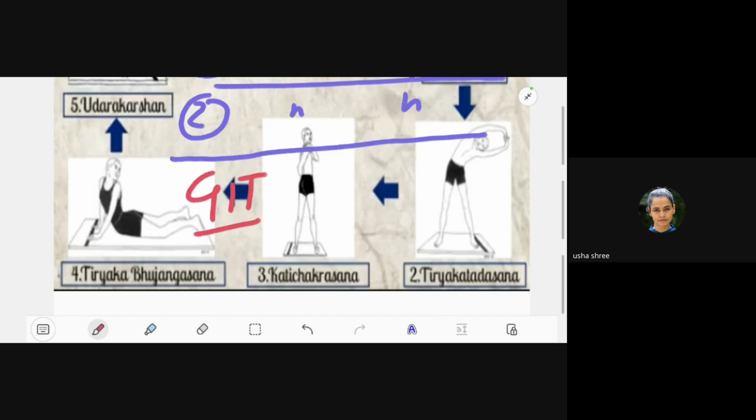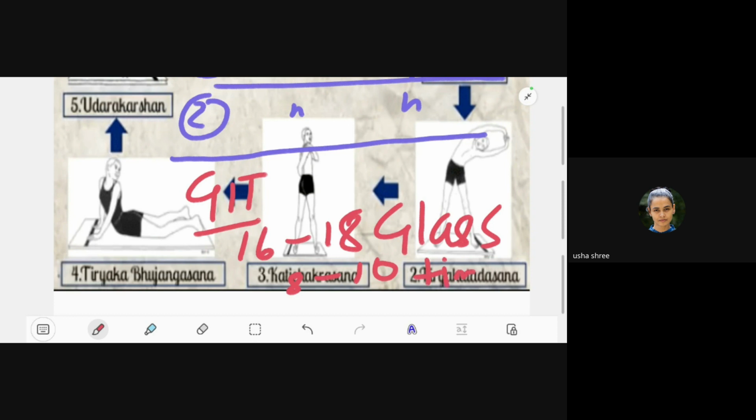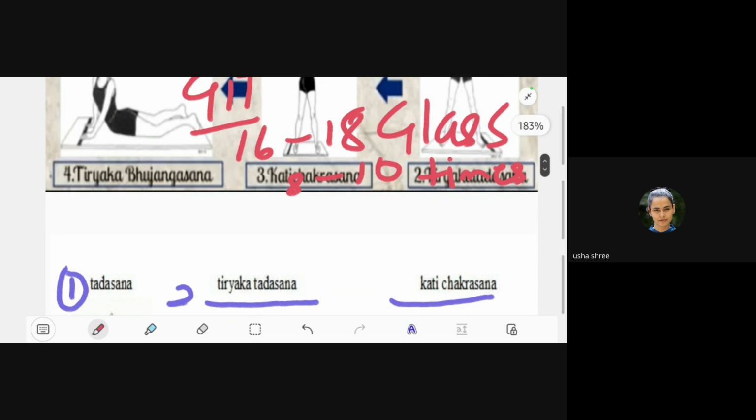Nearly 16 to 18 glasses of water. So how many steps would that be? It is nearly 8 to 10 times we have to perform this activity. Sometimes it could be more, according to the person.